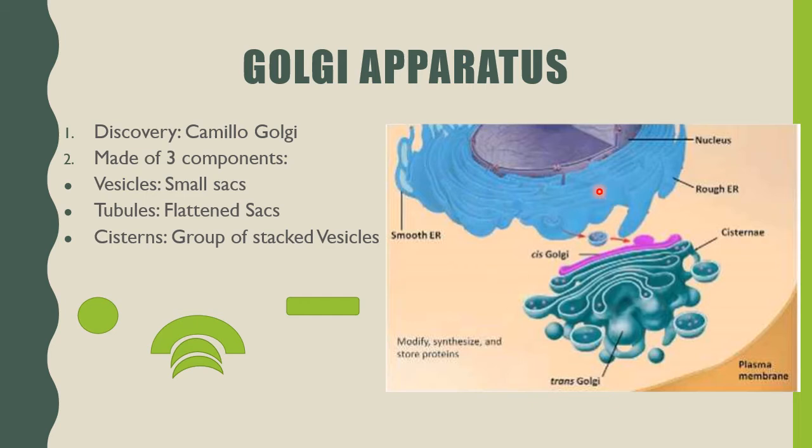So, the proteins and lipids that are synthesized in ER are transported to Golgi apparatus, and Golgi apparatus is the packaging unit. Proteins made in rough ER and the lipids made in smooth ER are packaged for secretion in Golgi apparatus. From here, they can be sent to wherever they are needed.